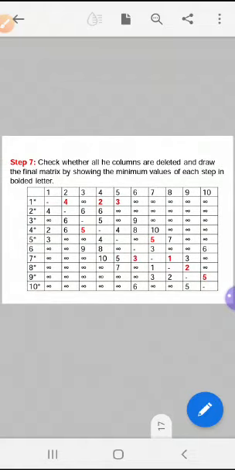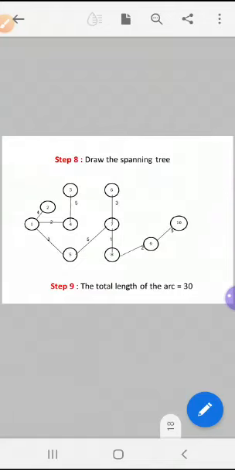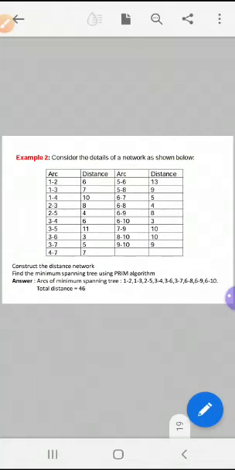Likewise, mark all the distances using straight lines and put the distances in between them, and this is the final figure, and this figure is known as the spanning tree. Here the total length of the arcs, adding all these distances 4, 2, 3, 5, 5, 3, 1, 2, 5, we get 30. 30 is the total length. Now the second question, you can do it yourself, and the answer is 46. Okay, thank you.